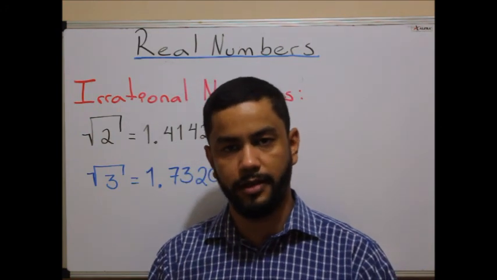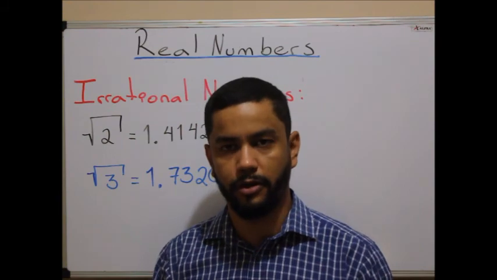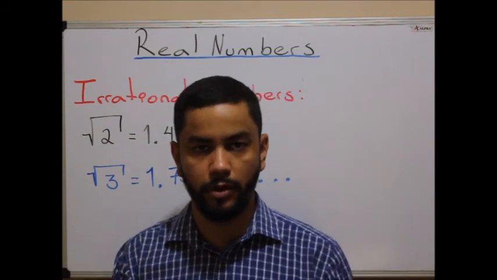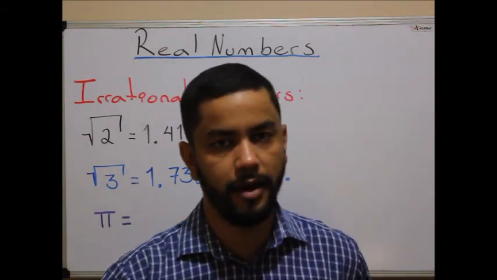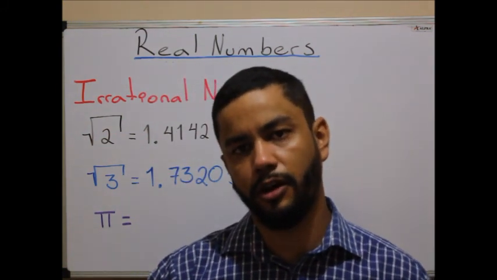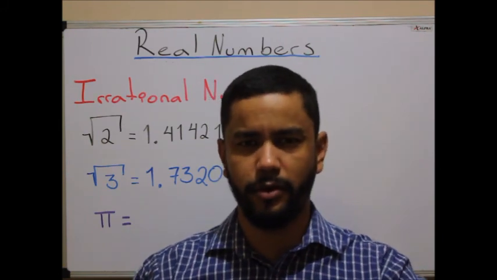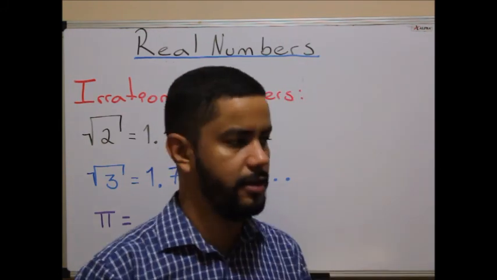Let's work with the most common irrational number in the math world, which is pi. We can write pi as a fraction, but that fraction is not a rational fraction. It is going to be weird stuff, but let's see that.